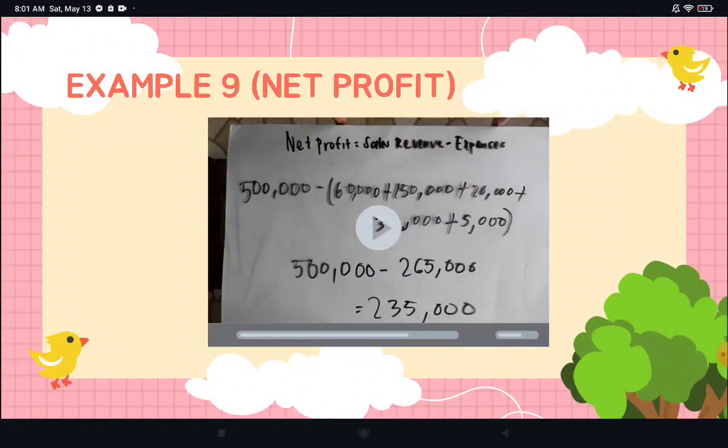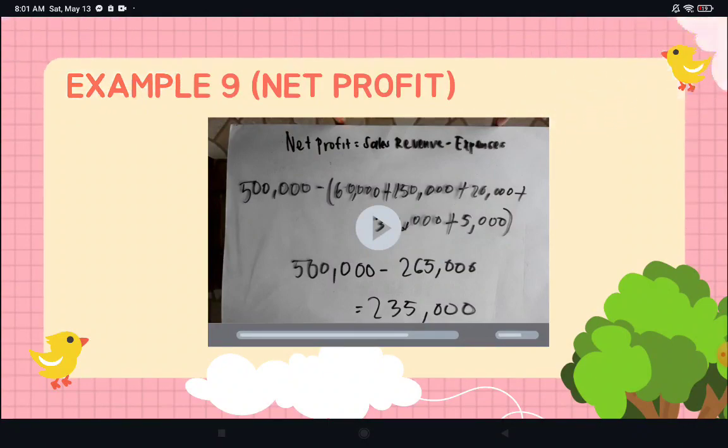So we got 235,000 for the net profit of Anna's convenience store.